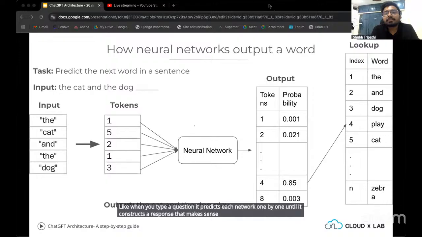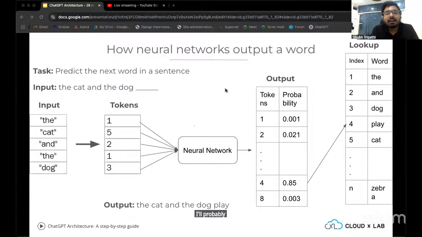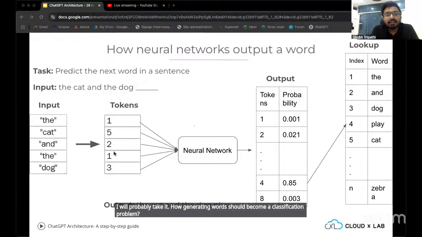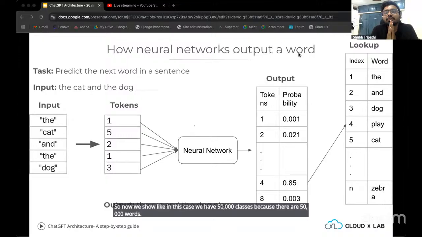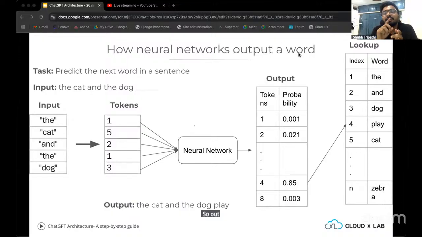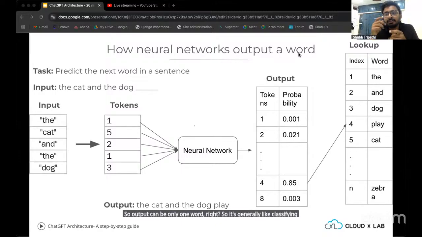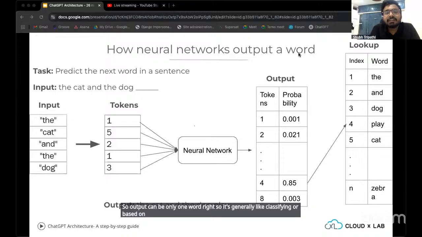So I saw a question, so I'll probably take it: how does generating words become a classification problem? In this case, we have 50,000 classes because there are 50,000 words, and the output can be only one word. So it's classifying on a data set of 50,000 words.